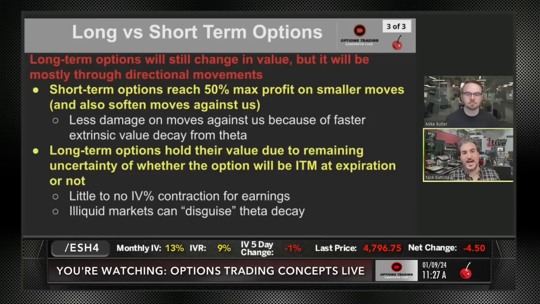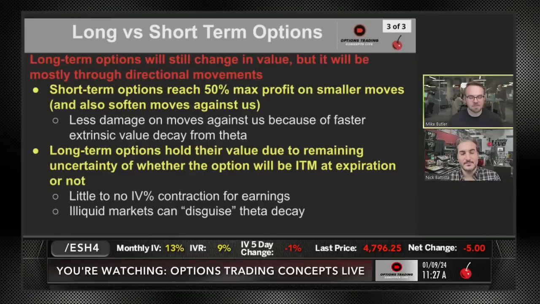That option is not going to move as quickly as that shorter duration option. And that's because you have less exposure to implied volatility. The earnings this quarter doesn't matter for an option that's 400 days out in time because there are multiple earnings baked into there. So you're playing much less into the things that we like to play, which are volatility and passage of time, and more into directionality of that underlying.